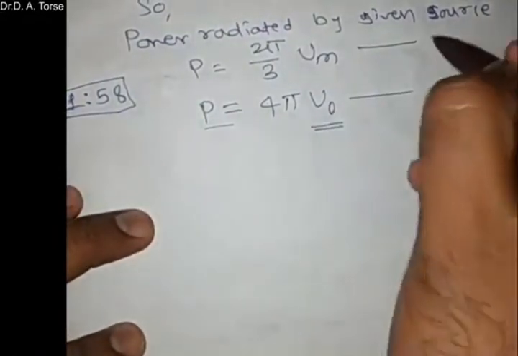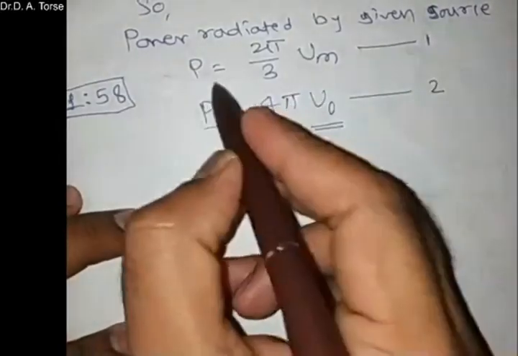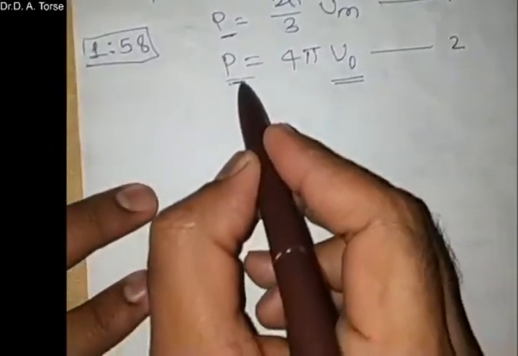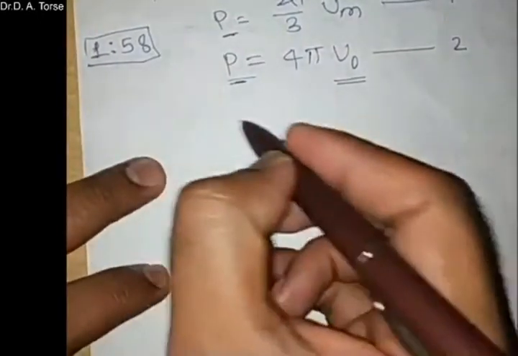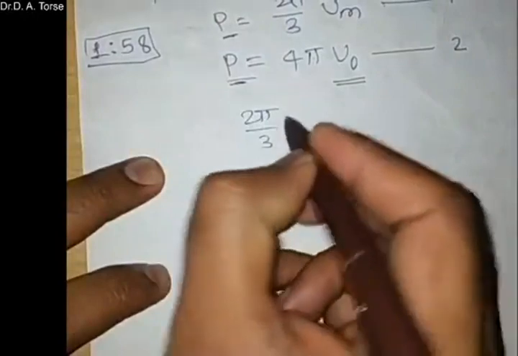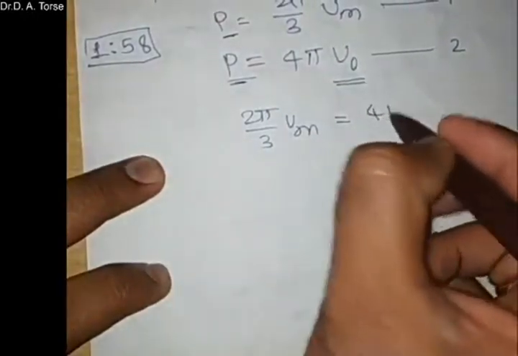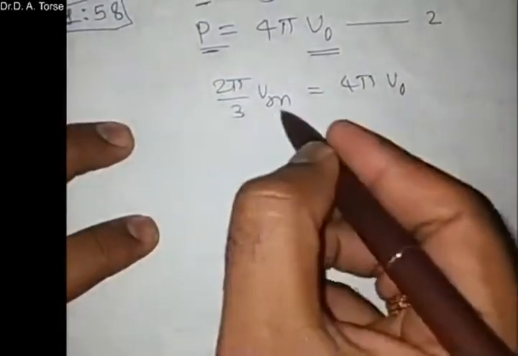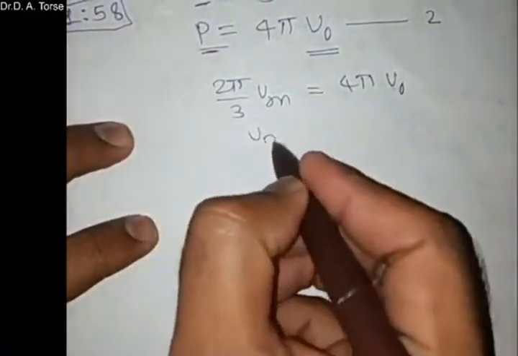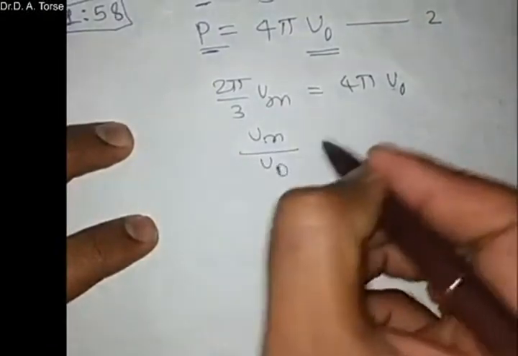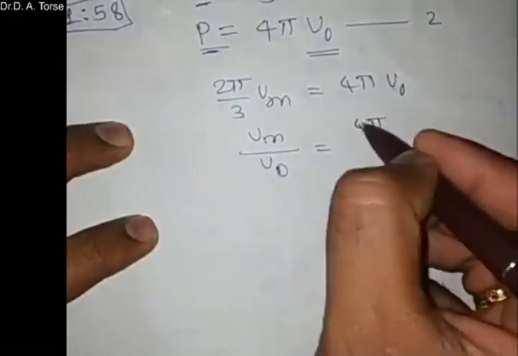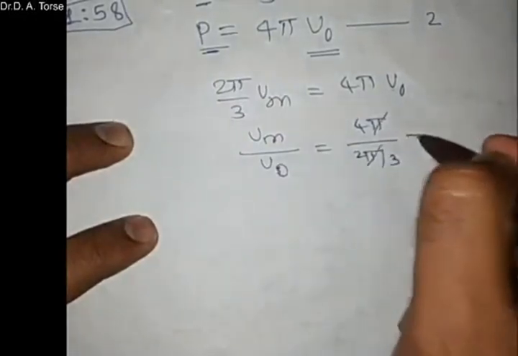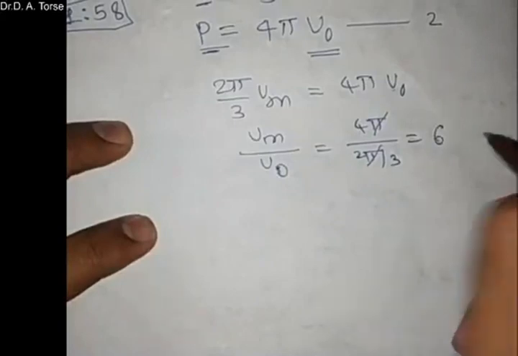Now if we compare these two equations, the power radiated by the given practical antenna and the power of an isotropic antenna, we get 2 pi by 3 Um equal to 4 pi U0. If we take this U0 term in the denominator, then we get 4 pi divided by 2 pi by 3. Pi cancels. We get the answer as 6.